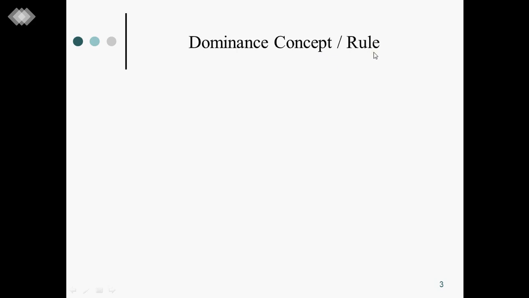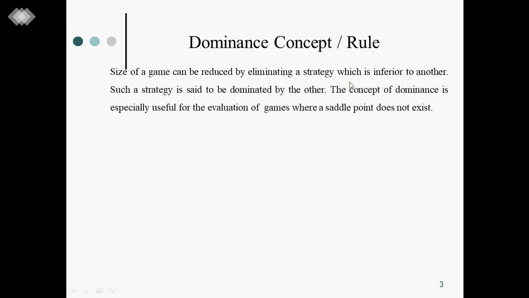Basically, this dominance concept or rule is used to reduce a higher order game to lower order game. Size of a game can be reduced by eliminating a strategy which is inferior to another. Such a strategy is said to be dominated by the other.